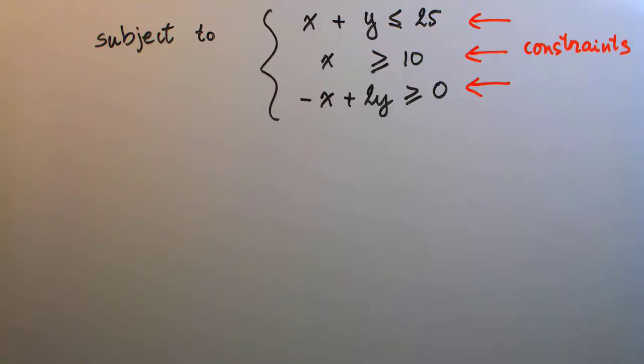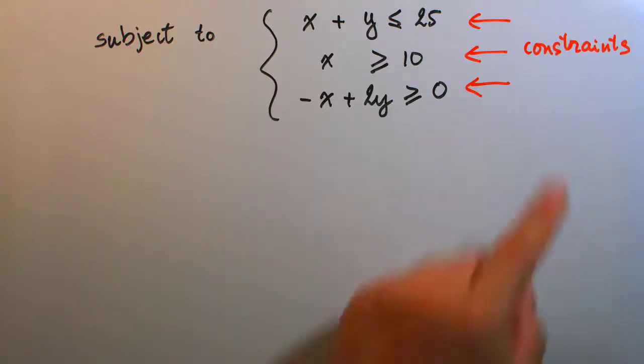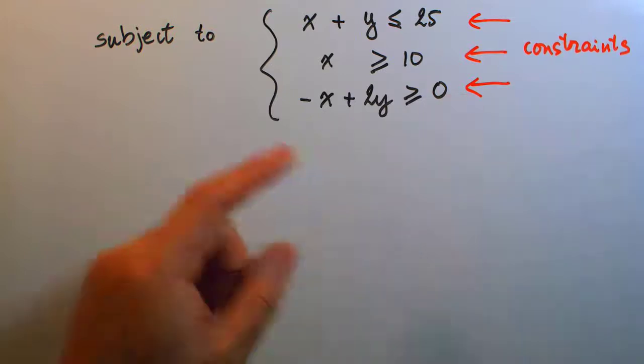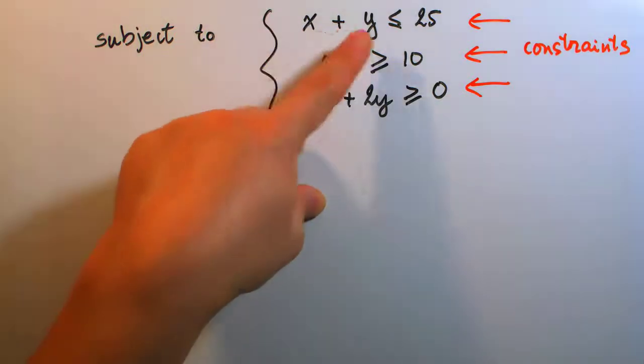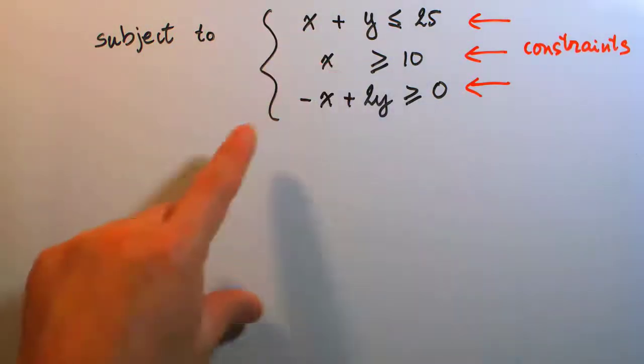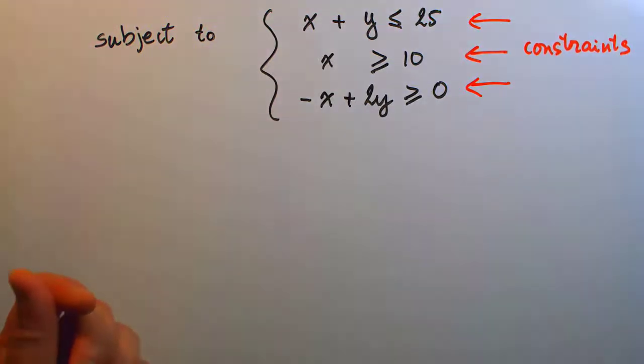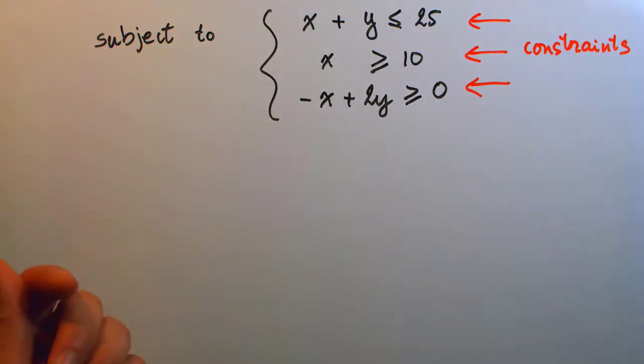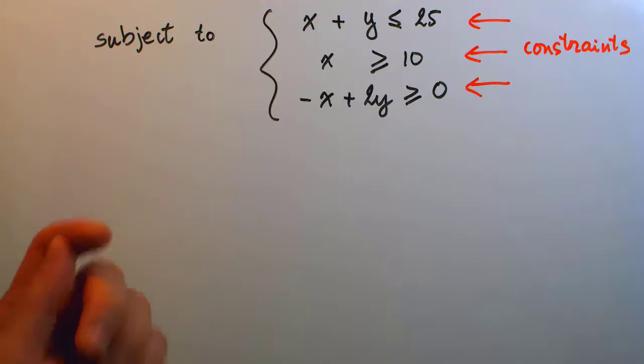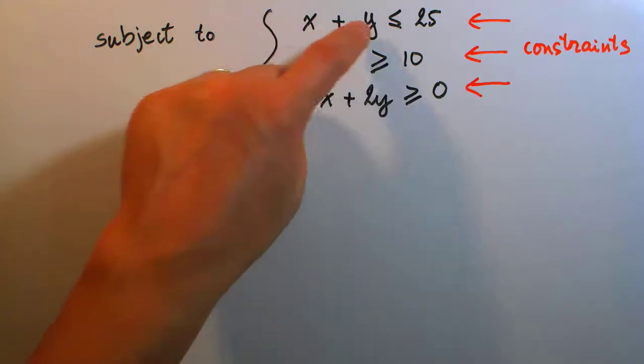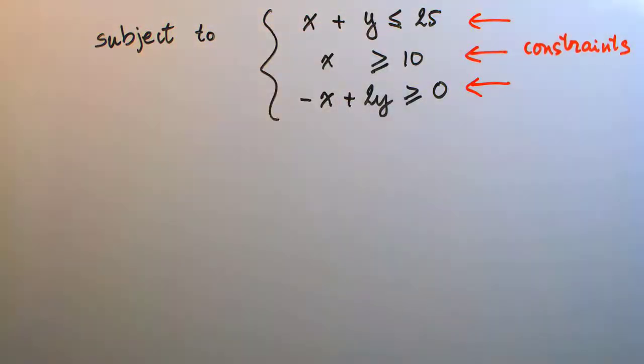The simplest way to put it, a constraint is something that limits the values of x and y, because a pair of x and y is an input pair of values for our linear function in two variables. So a constraint limits how we choose the input pair of values for our function.